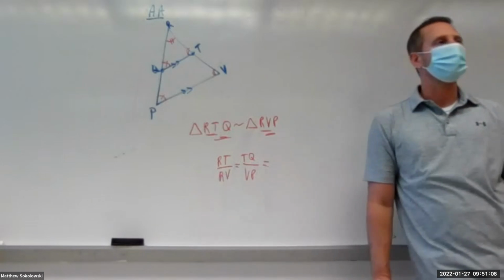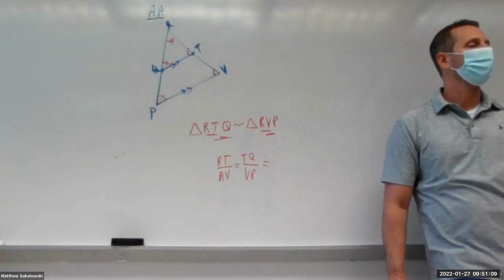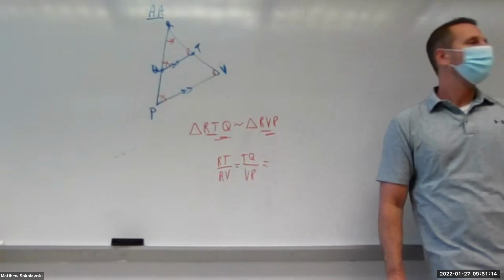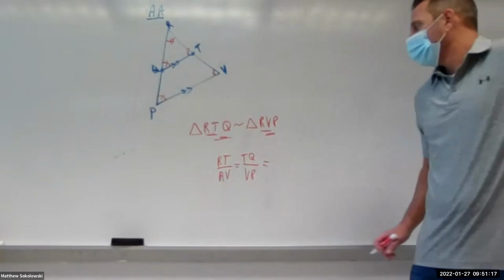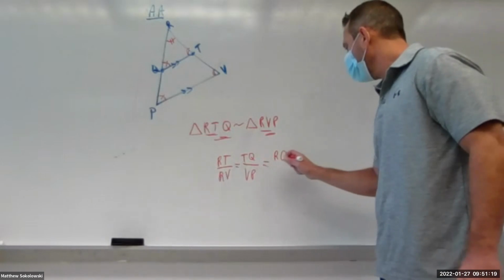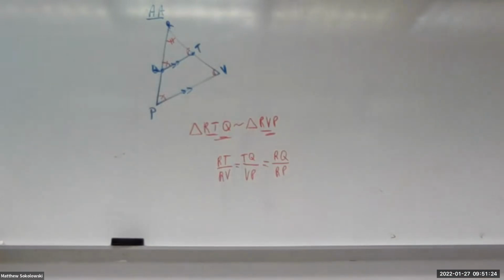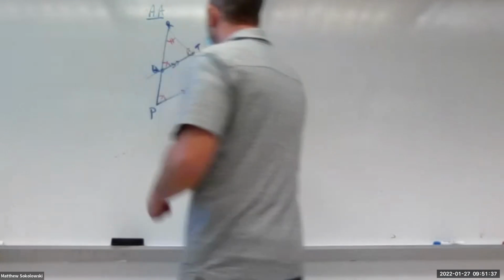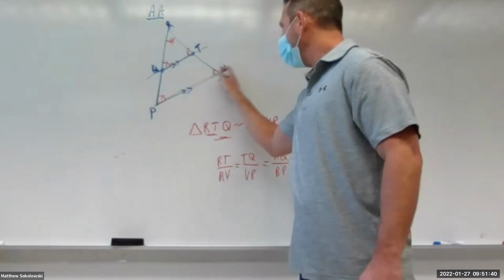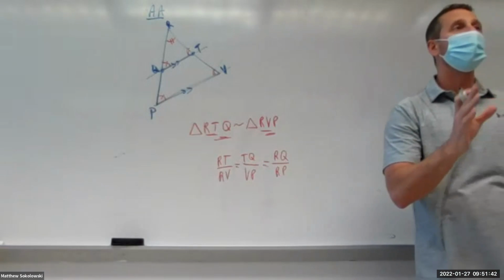What's the third ratio? Jira? Good. RQ over RP. So those are all the ratios you can set up from the similar triangles. Now, we discovered something different in class, where if we have a line parallel to another side, it divides the triangle proportionally.